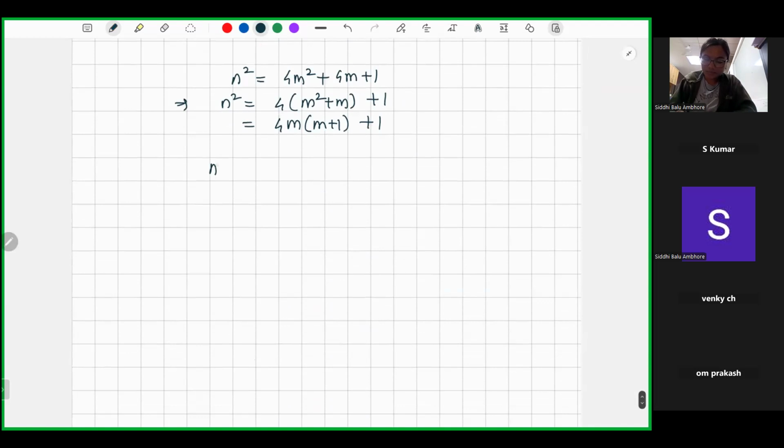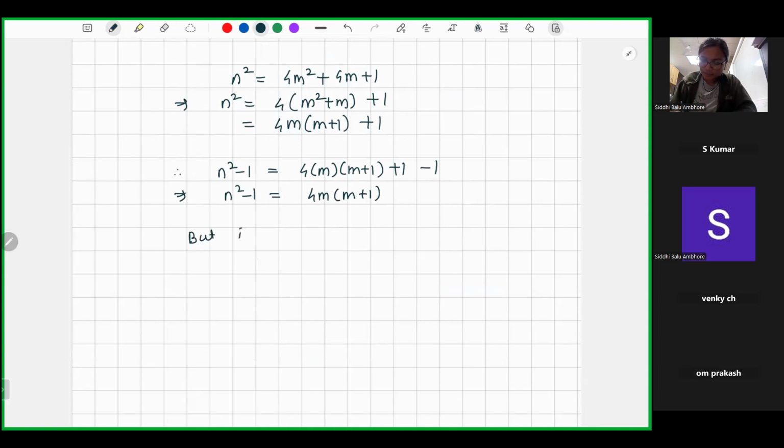So now 8 divides this 4m into m plus 1, for n square minus 1 is 4m into m plus 1 minus 1, right?